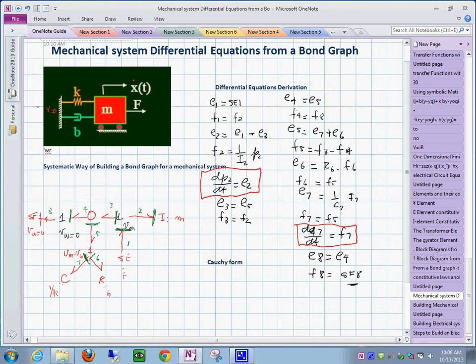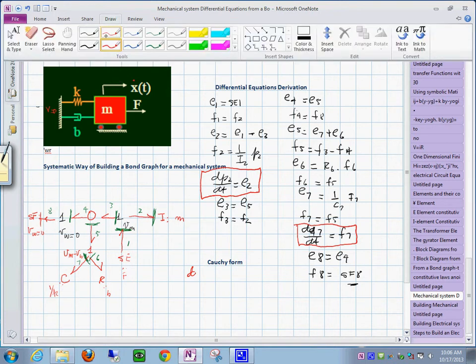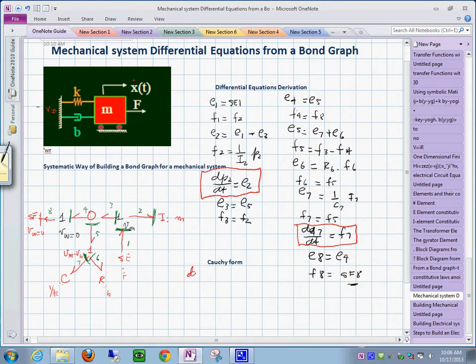But if you want to have more simplified expressions, those are called the Cauchy form. So what I would do is, in here I will start with this one. Maybe we'll change colors here so that we are consistent with what we're doing.